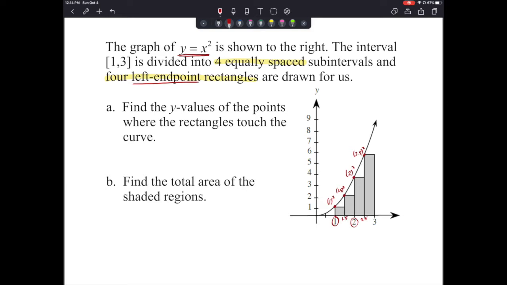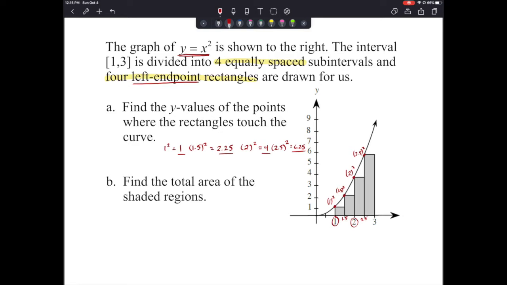So the first one, 1 squared is 1. 1.5 squared is equal to 2.25. 2 squared is equal to 4, and 2.5 squared is equal to 6.25. So those are the heights of our rectangles.